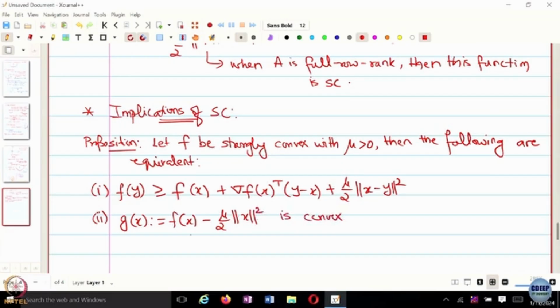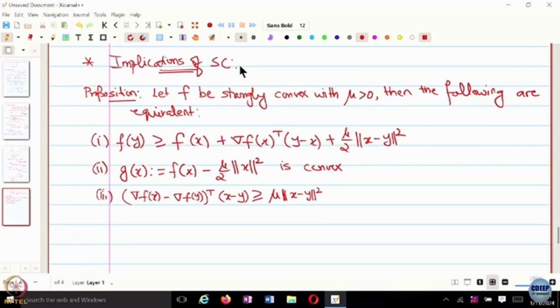So if f is strongly convex, then g of x is going to be convex. So the third is sort of an equivalent definition, and the fourth equivalent definition is f of lambda x.